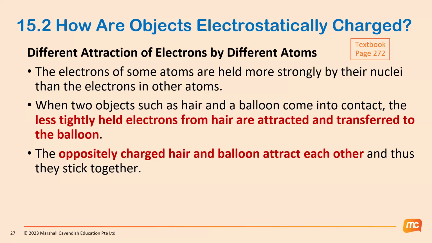They are not free to move out of the atoms. The only ones that are possible to move are the electrons, or the negative charges. So whenever we talk about electrostatics, whereby charges move from one place to another, it's always the negative charge that moves. It cannot be the positive charge that moves.